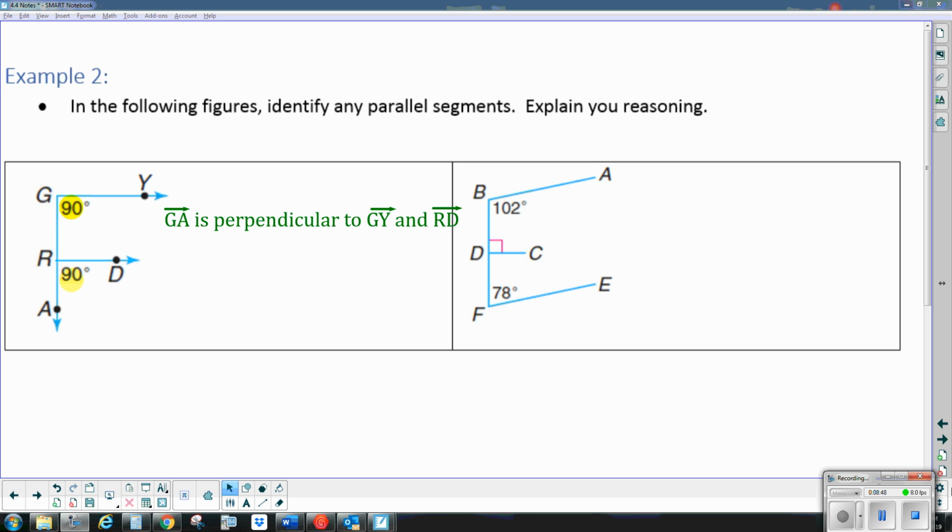Since GA is perpendicular to GY and RD, GY and RD have to be parallel. And that's the converse of the perpendicular transversal theorem.